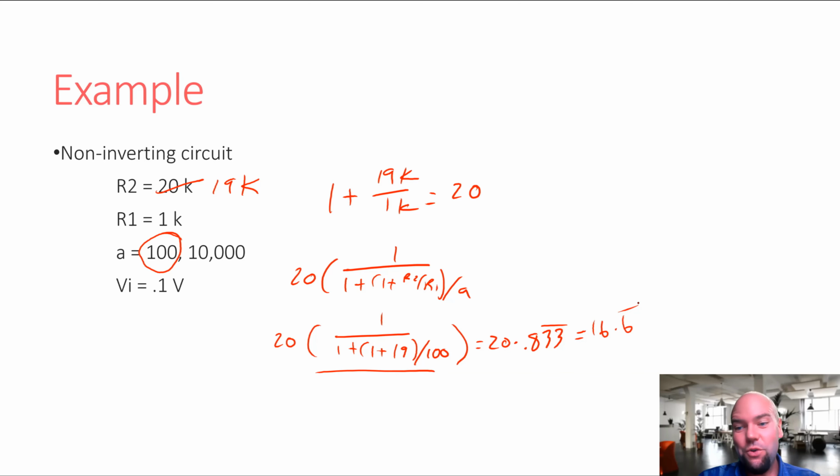We were trying to get a gain of 20 and we got a gain of 16.6 because our little a, our open loop gain of our circuit here, was only 100. That's not infinite. So if our V in was 0.1, our V out is going to be 1.6 volts when it should have been 2.